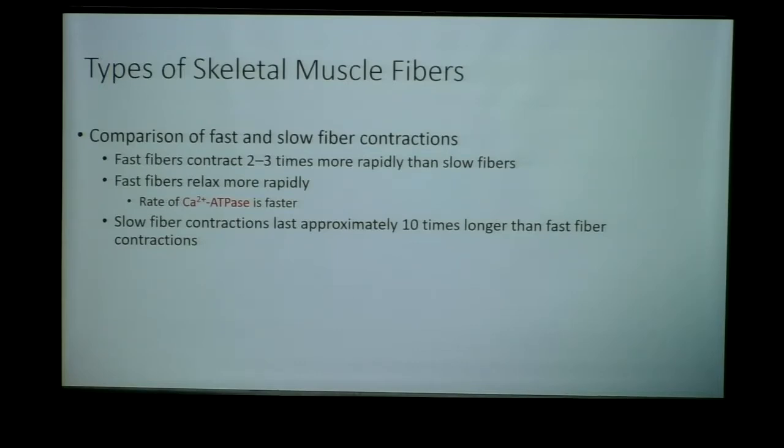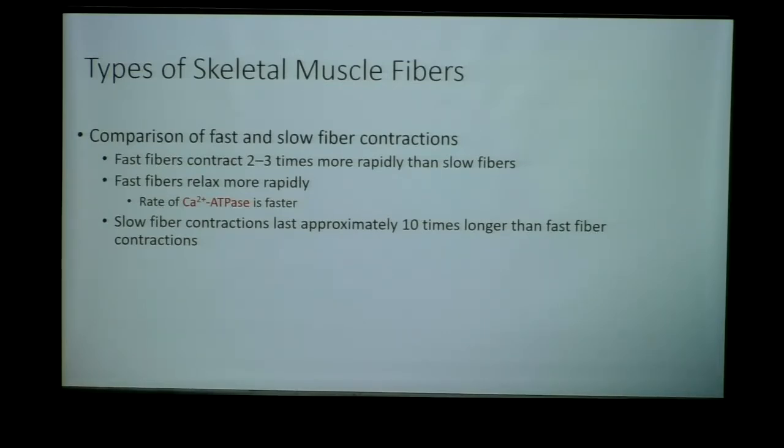Now, the second factor that makes a fiber fast versus slow is its rate of relaxation. What did we say is the main part of muscle relaxation? What has to happen for muscle relaxation? The lack of calcium. Calcium has to leave the cytosol.